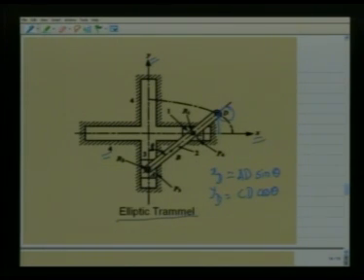If we eliminate theta from these two coordinates, we can easily see that (XD by AD) squared plus (YD by CD) squared is equal to 1. That is, as theta changes, this point D moves on an ellipse with semi-axes given by AD and CD. That is why it is called an elliptic trammel.